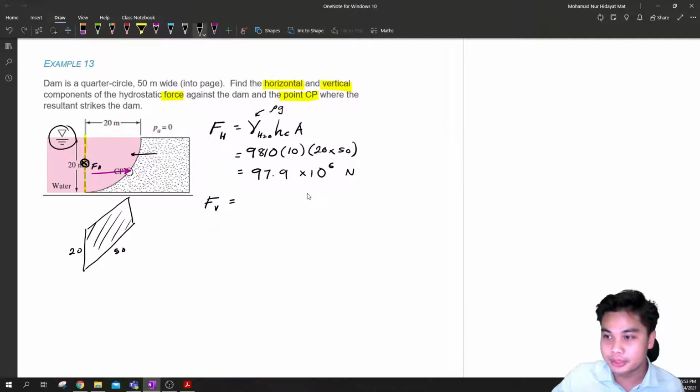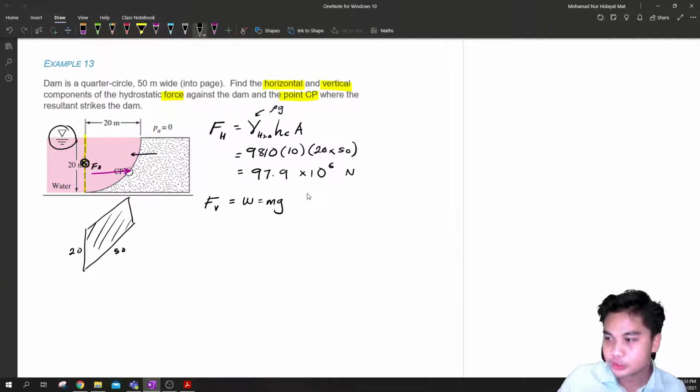There is no pressure on the free surface, so we only have the vertical force due to this weight. How to calculate it? It is just the weight of the water, which equals mass multiplied by gravity.